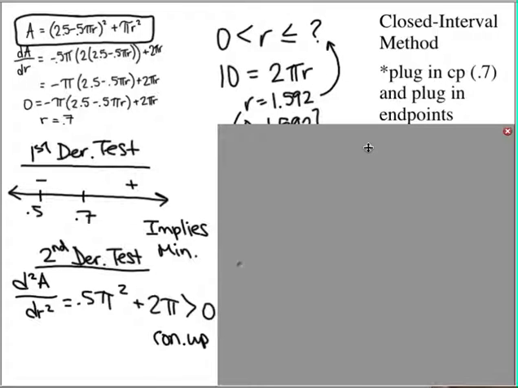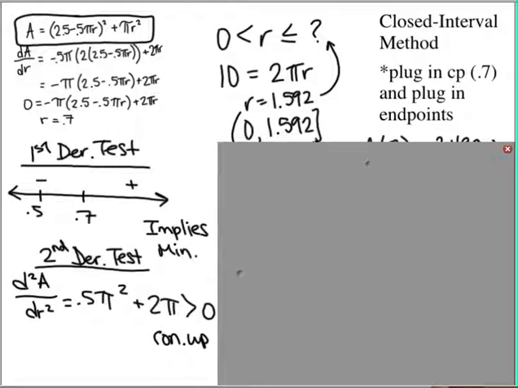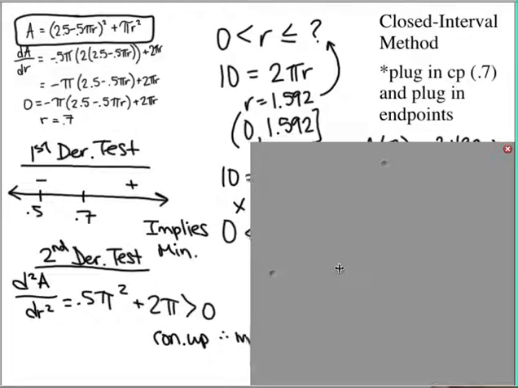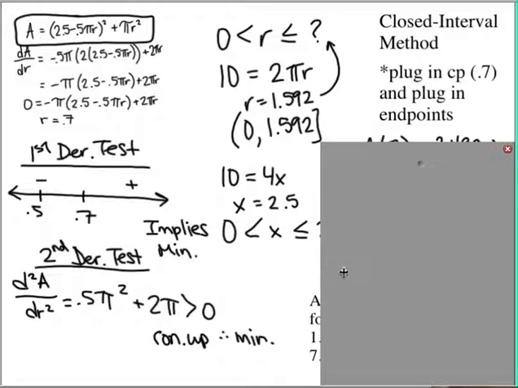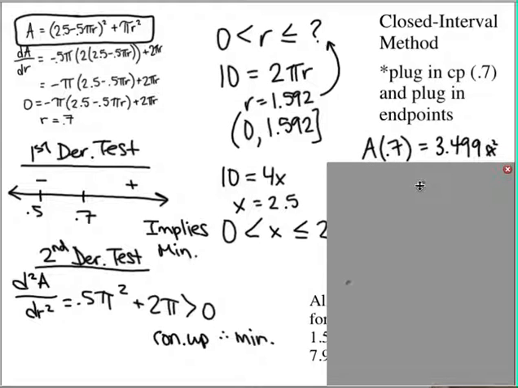1.592. That's the interval for just the radius of the circle. If I think about the square, if I just use the 10 feet for the square, 10 equals 4x, divide by 4, that means the x value can be between 0 and 2.5. With the closed interval method, the first thing I did was plug in 0.7, and I get an area of 3.499 feet squared.